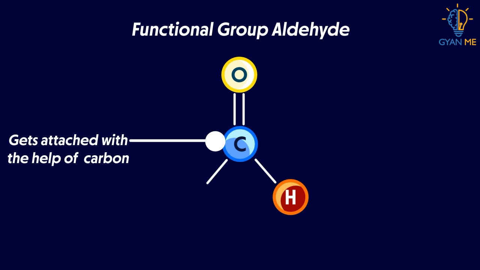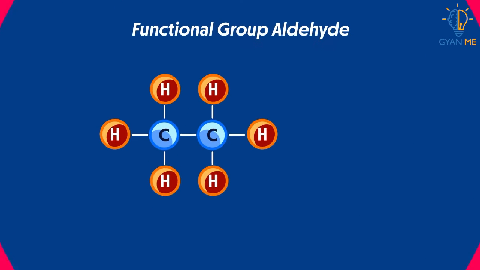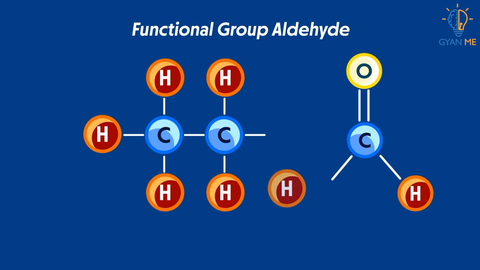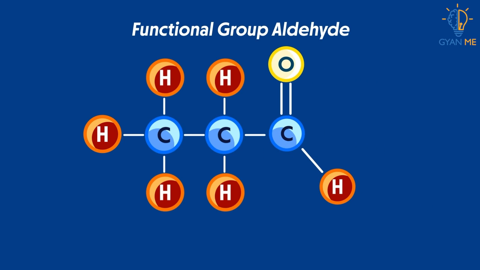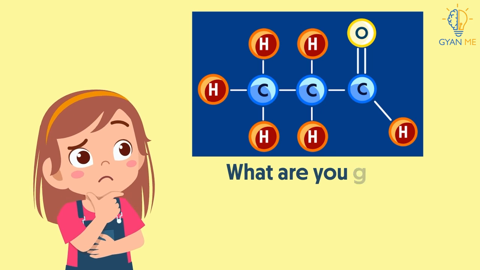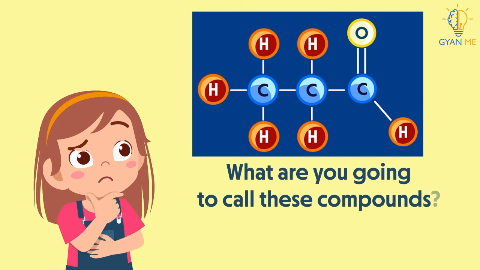This is represented by a dash in front of the carbon atom, like this, dash CHO. If the hydrogen atom in the hydrocarbon chain is displaced by the aldehyde group, it forms a new class of compounds with new properties. And what are you going to call these compounds?